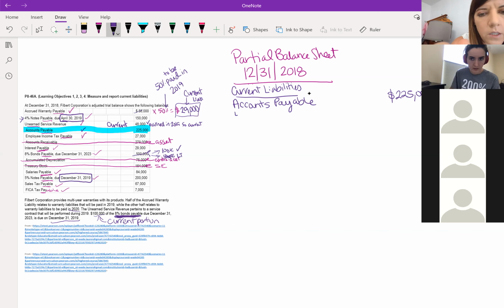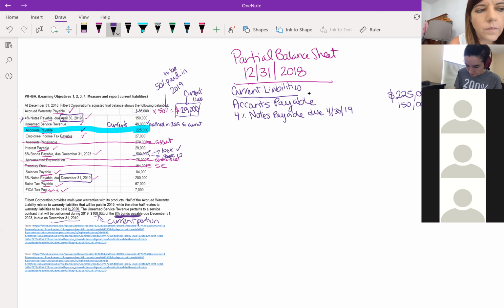So 4% notes payable due 4/30/19, and the principal of that note is 150,000. Exactly what was given.